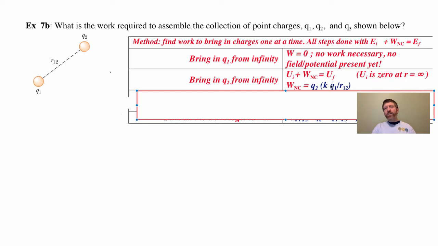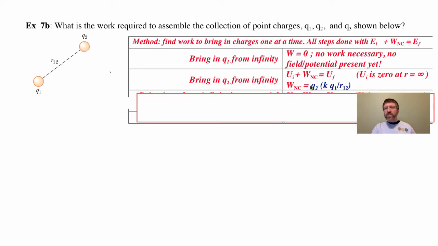So the work non-conservative is simply equal to U final minus U initial, but U initial is 0, so it's just U final. It'll be Q2 times the electric potential caused by Q1. So this is the work to bring in Q2 from infinity once Q1 is already there and causing a field.